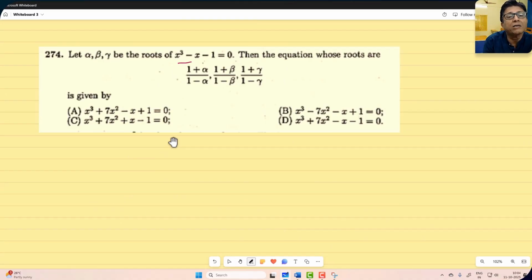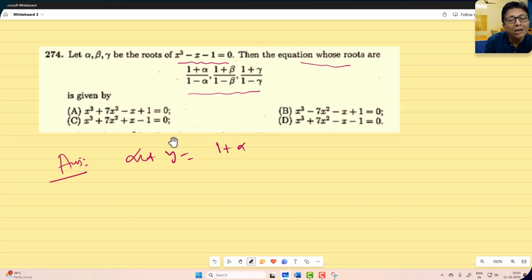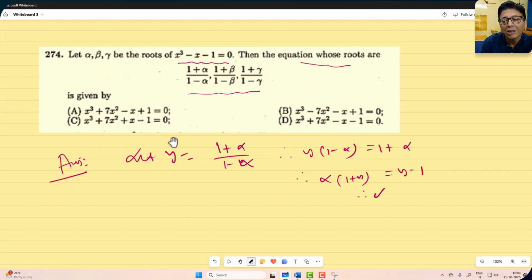Alpha, beta, gamma are the roots of this. Then the equation whose roots are this, this and this, you start in the same manner. Transformation of equation. Let y equal to (1 plus alpha) by (1 minus alpha). So y into (1 minus alpha) equals 1 plus alpha, alpha into (1 plus y). So alpha is what? (y minus 1) by (y plus 1).